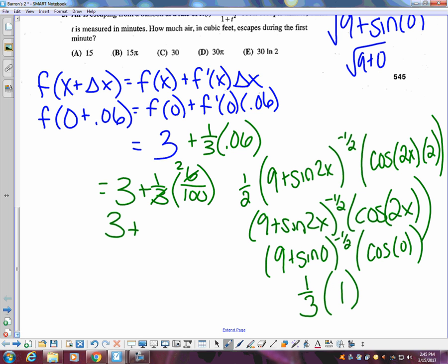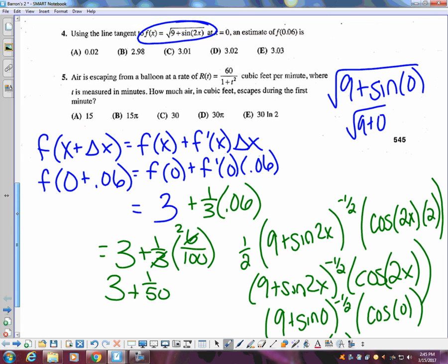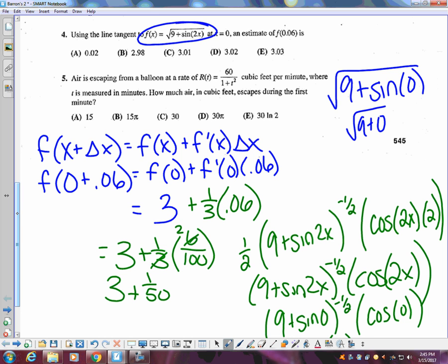Check me. Is that right? Oh, and we're in decimals, of course we are. 1/50th would be 200ths. Right. Leave that, instead of 1/50th, as 2 over 100. Y'all see it? So D.